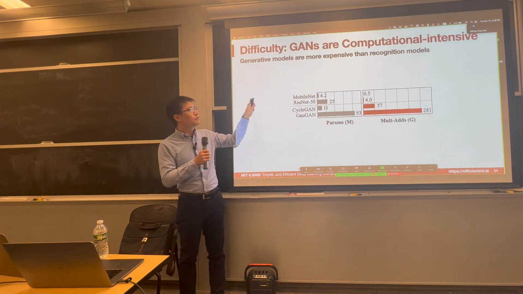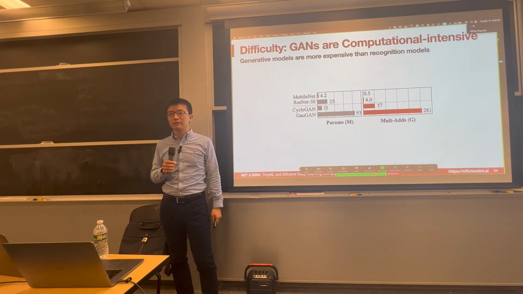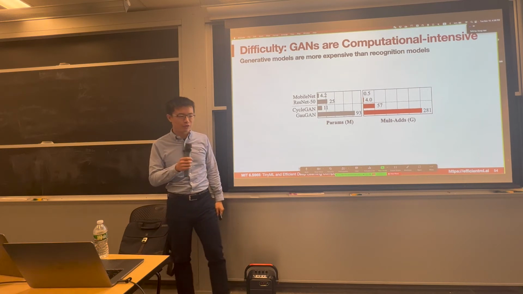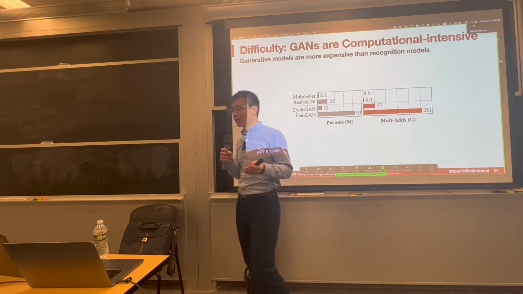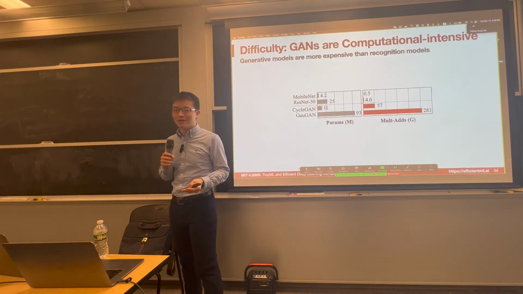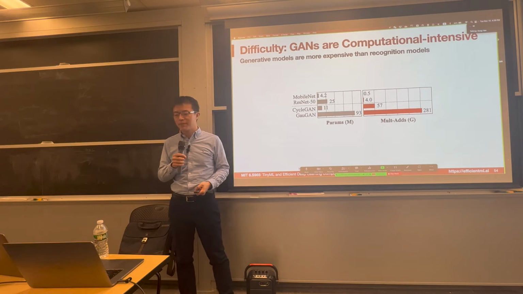So those generative models are much more expensive than recognition models, right? Similar for humans. If you want to tell whether someone is speaking a certain language, that's very easy to do, right? But if you try to learn to speak a certain language yourself, to draw something yourself, it is much more difficult.